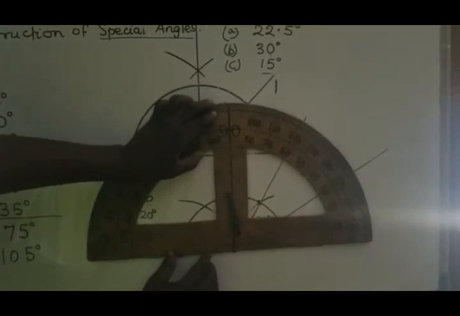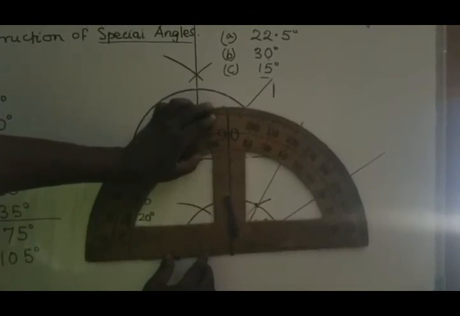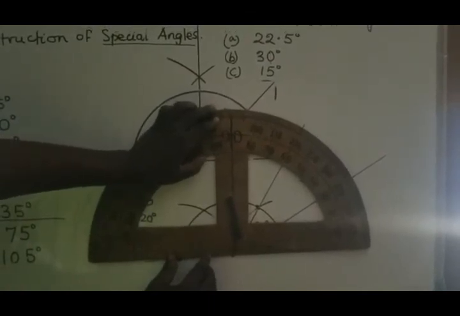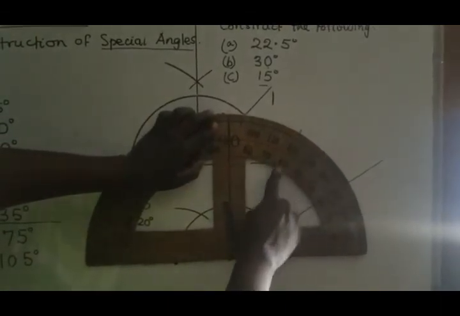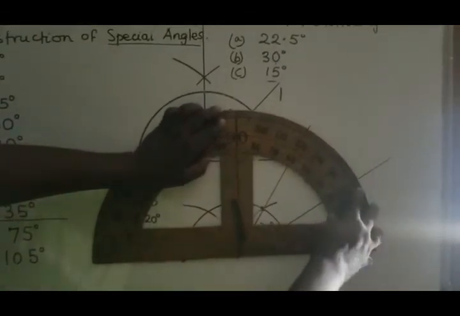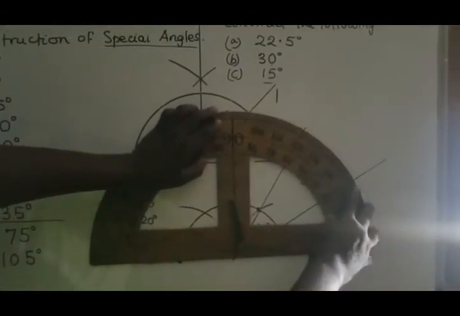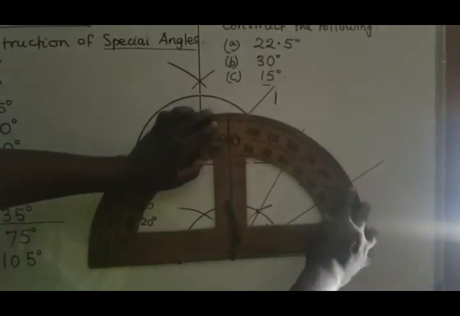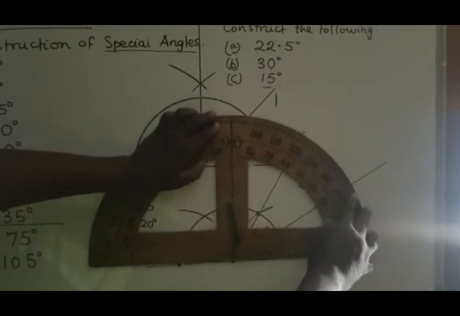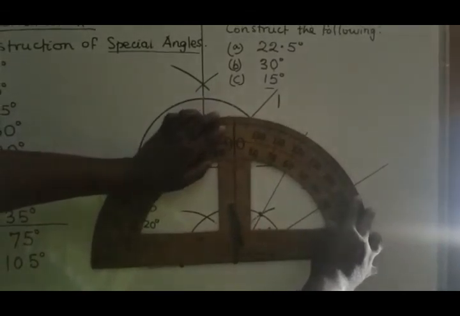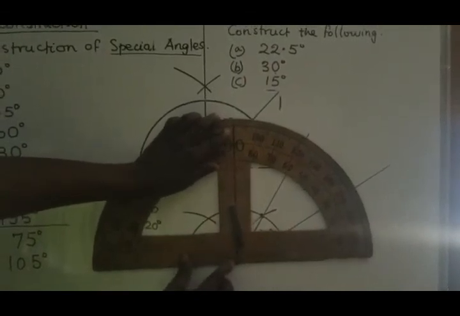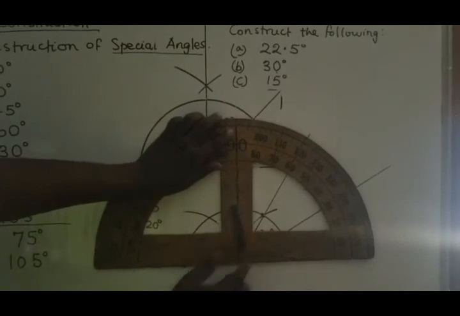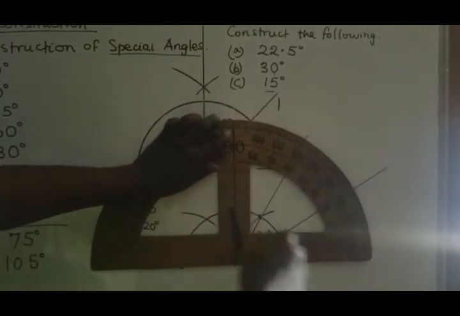Now we have 60 degrees, and then we have 30 degrees. Just make sure that you get the center line. So with that, you can see 60 degrees and then 30 degrees.